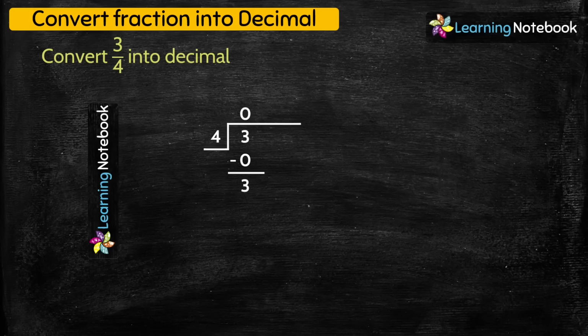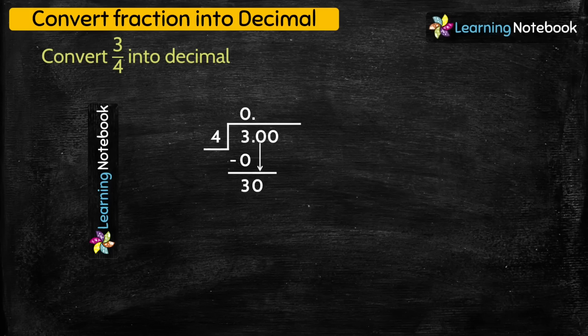Now to continue division, we can write 3 as 3.00. So let's put the decimal point in the quotient. And now we will copy next digit 0.